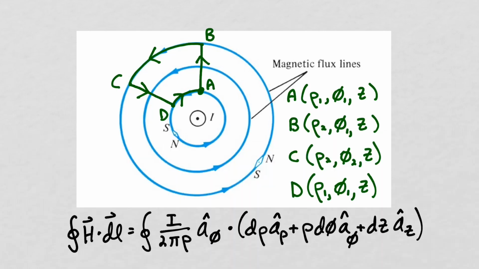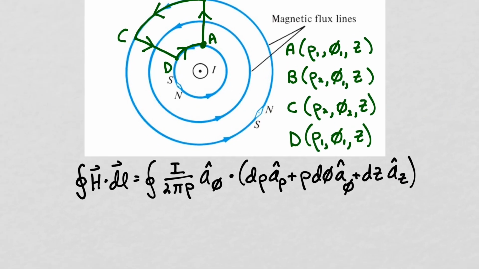So again, I've substituted our value of H and our value of dl for cylindrical coordinates. So a phi dot a rho is 0, a phi dot a phi is 1, and a phi dot az is 0. So that's going to leave us with the integral of I over 2 pi rho d phi.